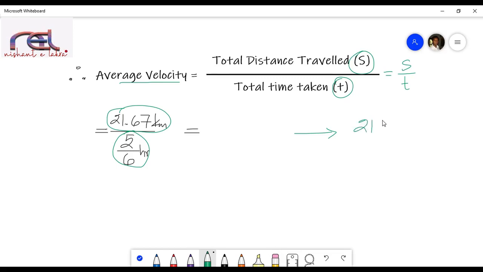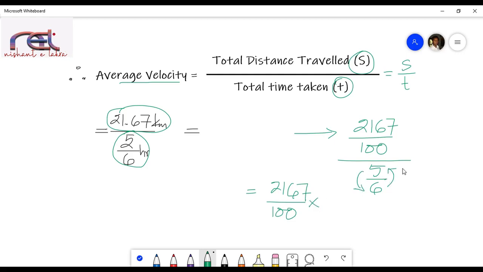Now we know that the decimal is in the 100th place value, so I've written it as 2167 divided by 100, divided by 5 by 6. Now you remember the rule that when we have to divide by a fraction, we take its reciprocal, right? So 5 by 6 will be reciprocated. So 2167 divided by 100 into 6 by 5.